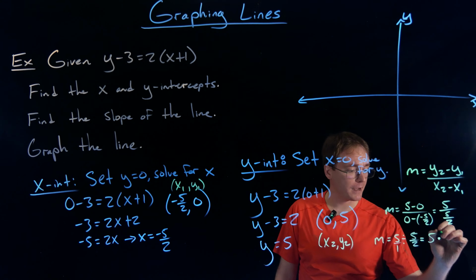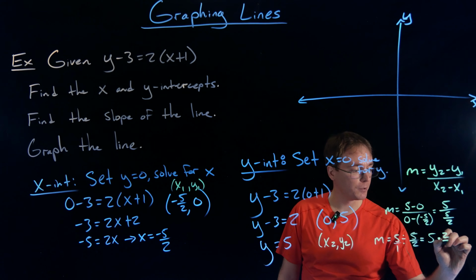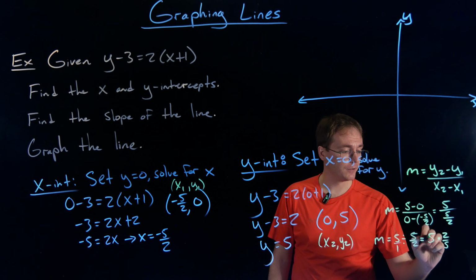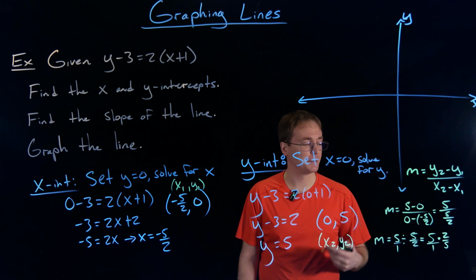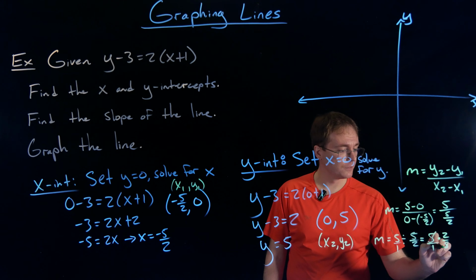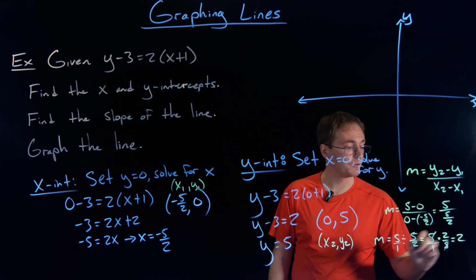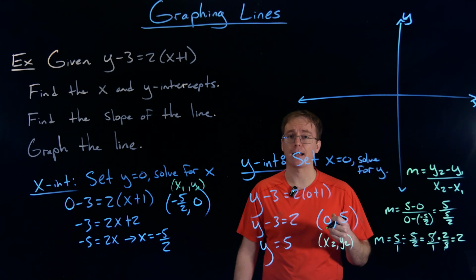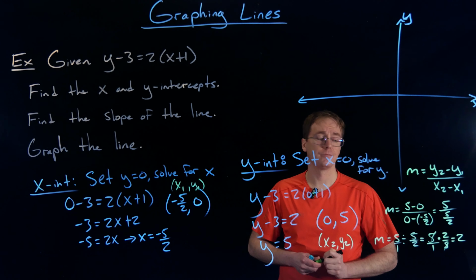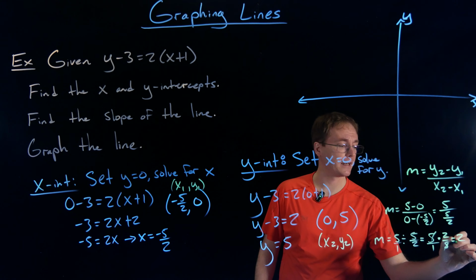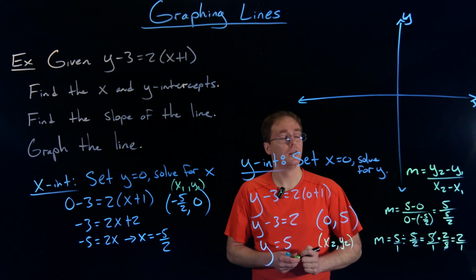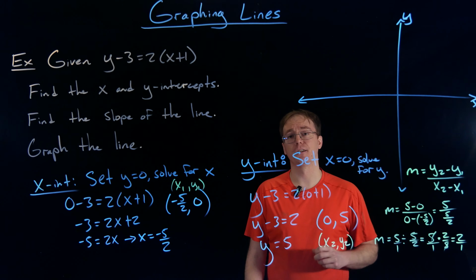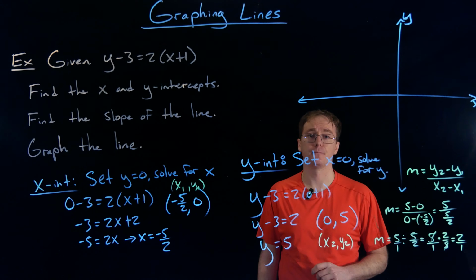So instead of dividing by 5 over 2, we can multiply by 2 over 5. And remember that first 5 we can think of as being over a 1. Those factors of 5 cancel out, and we find that our slope is equal to exactly 2. Or if we really wanted to, we could write that as 2 over 1 to really see what the change in x is corresponding to that change in y of positive 2.